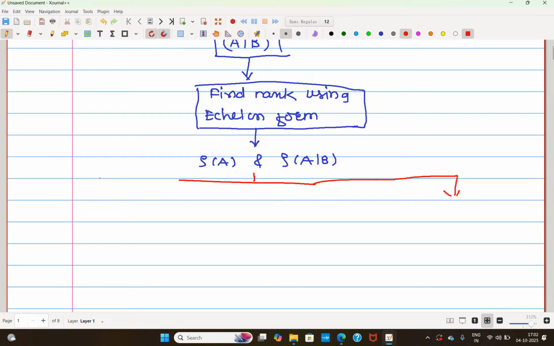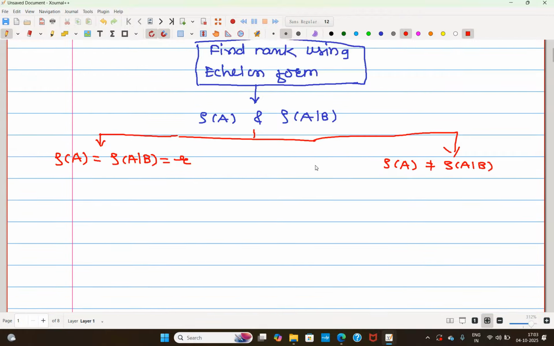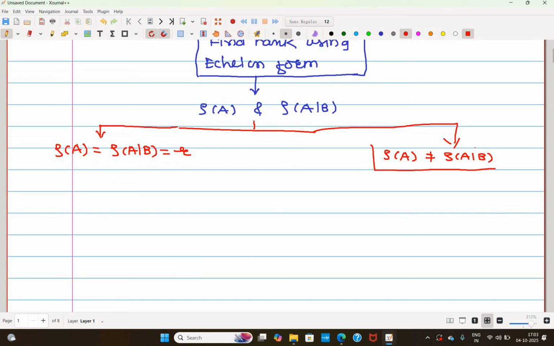Number one, rank of A, that is the coefficient matrix, is equal to rank of the augmented matrix, and it is equal to say R, meaning both ranks are equal and equal to R. And the second case is rank of A is not equal to rank of AB. So there are two possibilities. First of all, we'll see this possibility here. Let me change the color once again. So here the conclusion we can draw is that the system of linear algebraic equations is inconsistent.